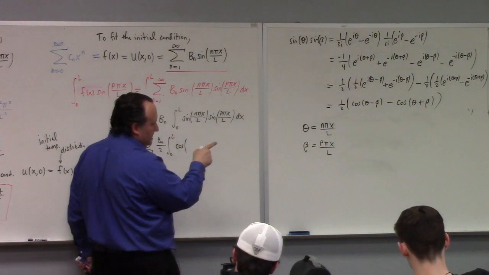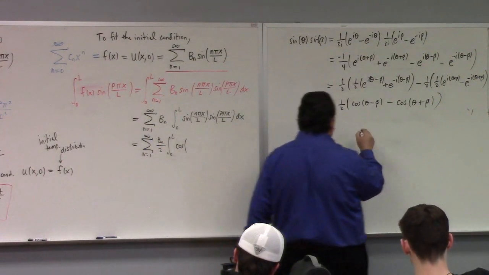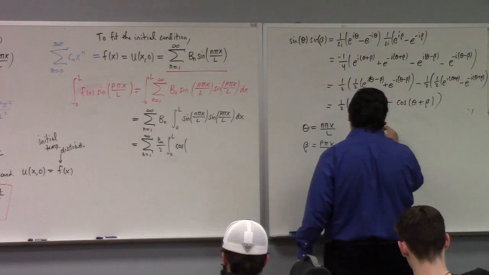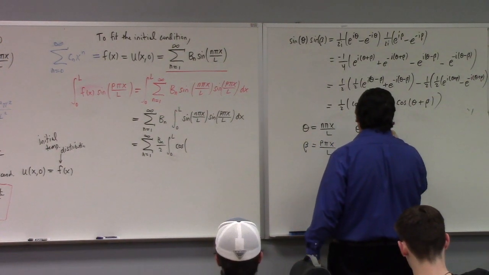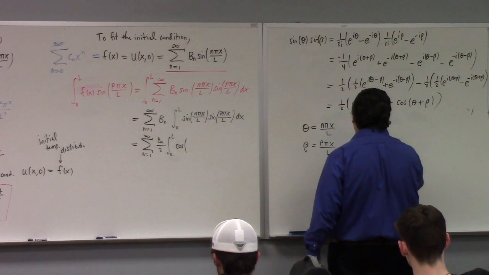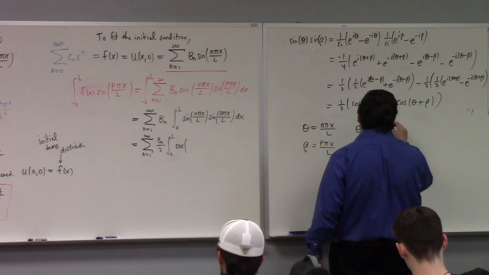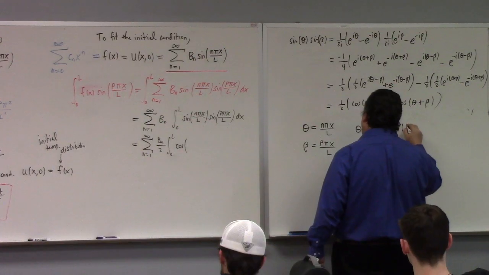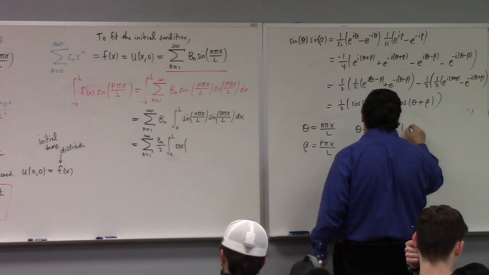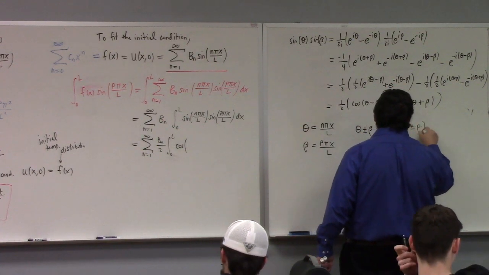Anyway, so as you notice, theta plus beta is what? How about theta plus or minus beta? So we've got a pi x over L, and you either got n plus or minus p, yeah?